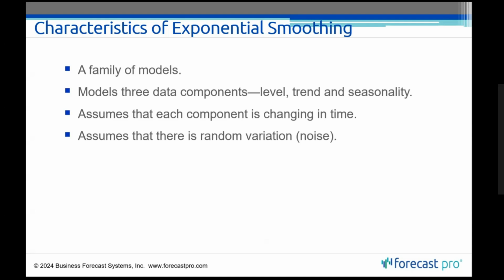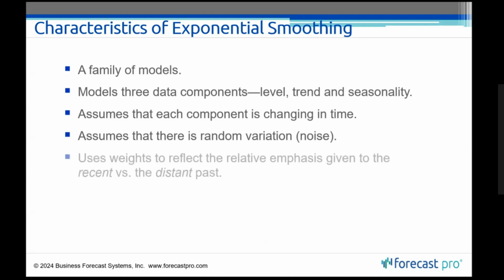It balances how much to emphasize the recent history to capture change effectively with how much to use the past and therefore get underneath the noise. And the way it does this is to use something called smoothing weights. And the smoothing weights reflect the relative emphasis to give the recent history versus the more distant past.